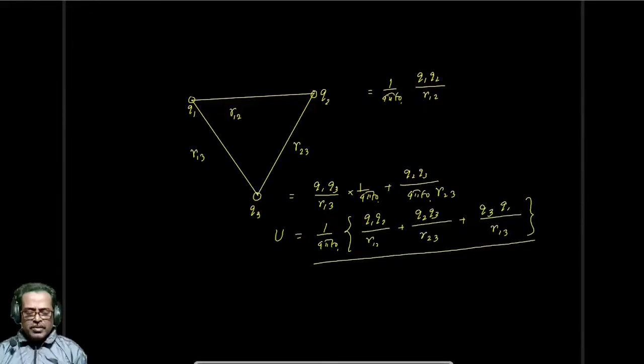Now another thing. Suppose there is a field existing at this position, and at a certain point the field will be E and its potential at this point is V. Therefore, the energy stored, if you want to bring a charge Q1 from infinity to this point, will be equal to V into Q1. Suppose this is V1.